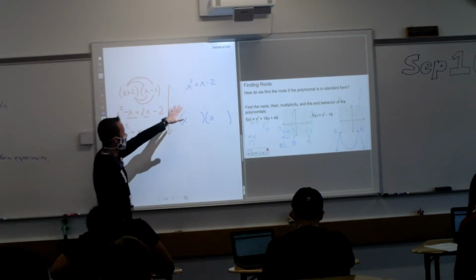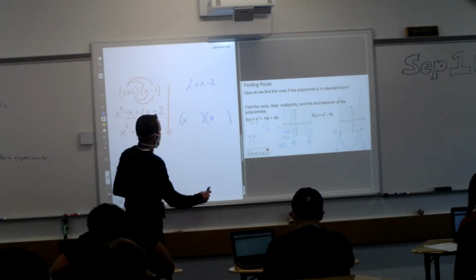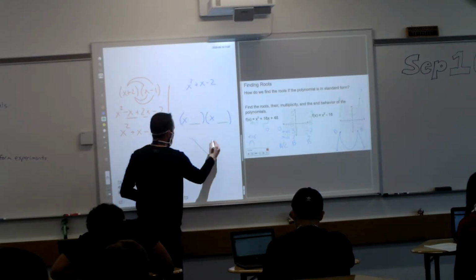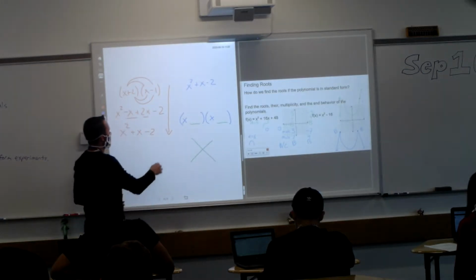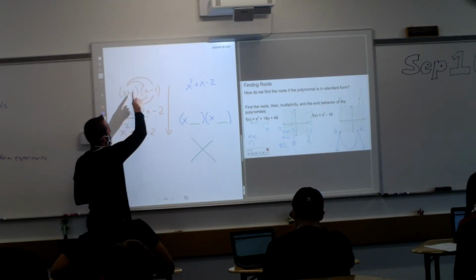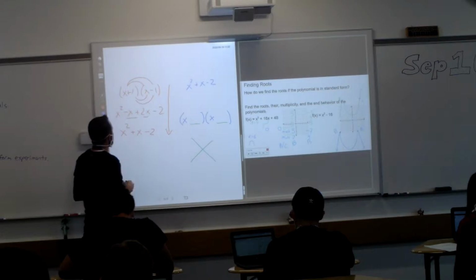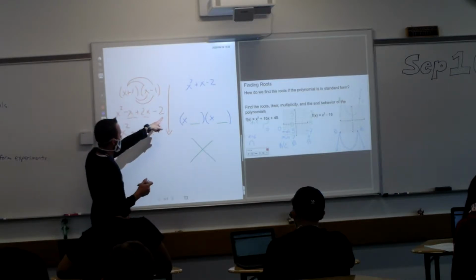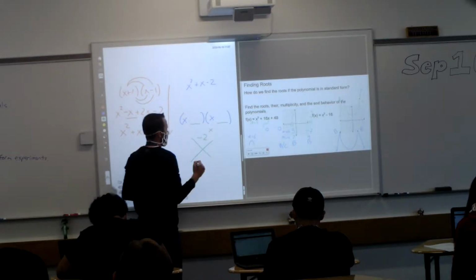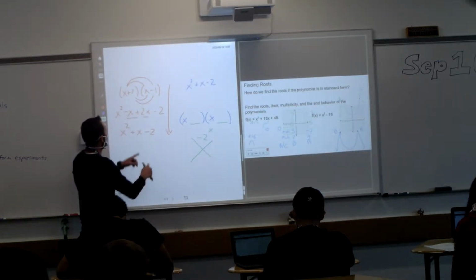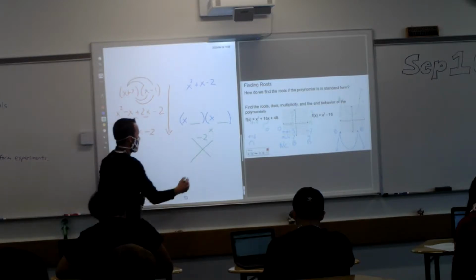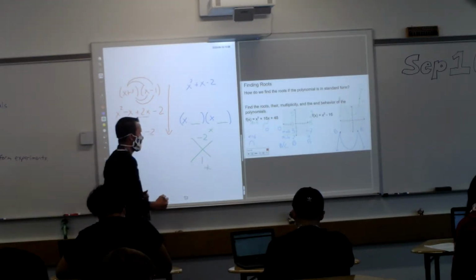Anyway, when I'm factoring here, what I look at is I say, okay, I need to fill in 2 numbers here. Now, what's the relationship between these 2 numbers? If you look at how you distribute, the 2 and the negative 1, they multiply to give you the negative 2 here. So the 2 numbers need to multiply to give you negative 2. But yet, these 2 numbers right here, they added to give me 1. So then they need to add to give me 1.